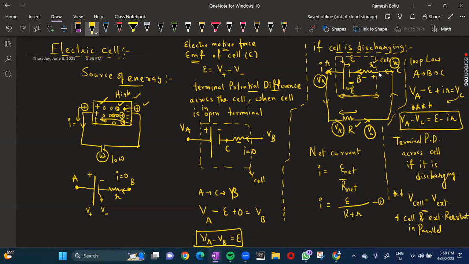E only, so I wrote E. When I am entering from B to C, how am I walking? From low potential to high potential. The potential rises, so you should keep plus. But the potential drop across the internal resistance is I into small r, and it is equal to VC. I need this full slide, copy quickly.